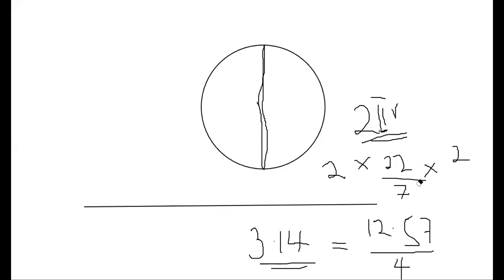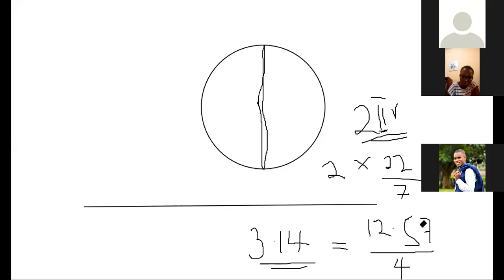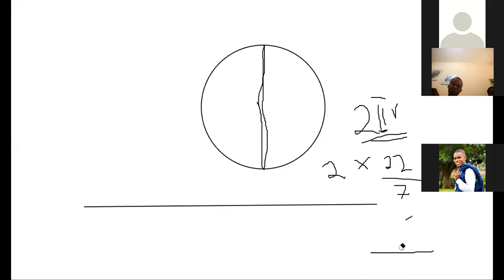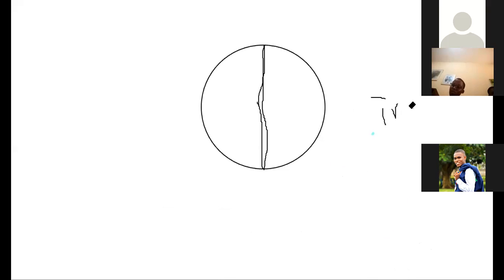Is that okay? Therefore, that's how the pi came by. So we'll be having 2 times 3.142 times the radius, always to find the circumference of the circle. So the formula for finding the circumference of the circle is 2 pi r.